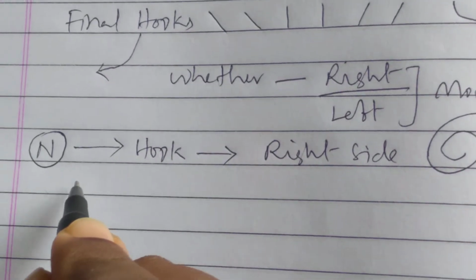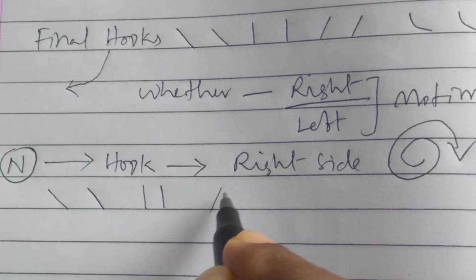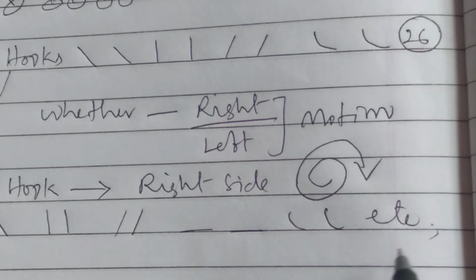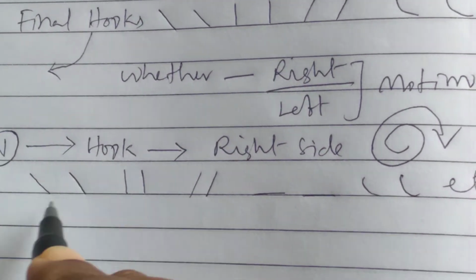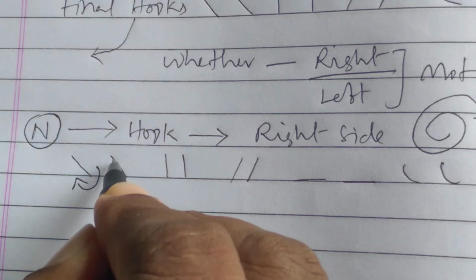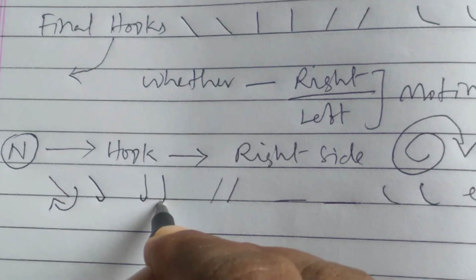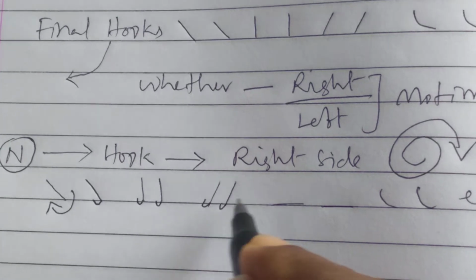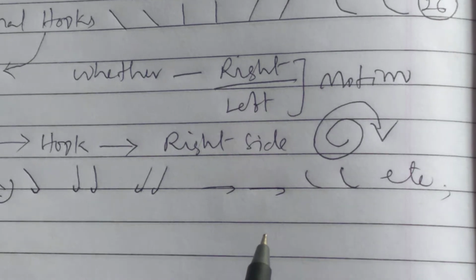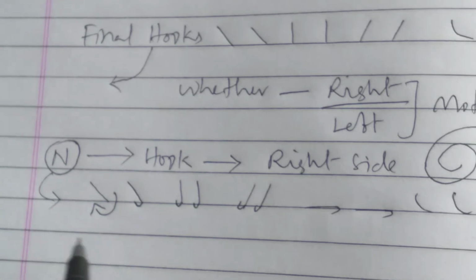Just see the normal strokes PB, TD, JJ, KG, FV, etc. Right motion means our hand will turn like this, in this direction. So we can add a final hook like this. Just observe. If we add a final hook with right motion, this sound gives us N.